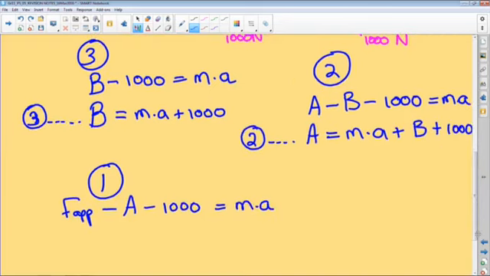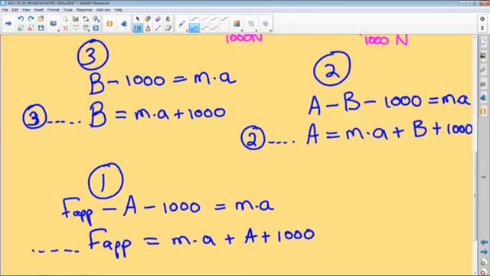And then from there, I'm going to make force applied the subject of my formula. So I'm going to end up with MA plus A plus 1000. And I'm going to make this my first equation. So what I've got here are 3 equations. This means we are going to be working with simultaneous equations.